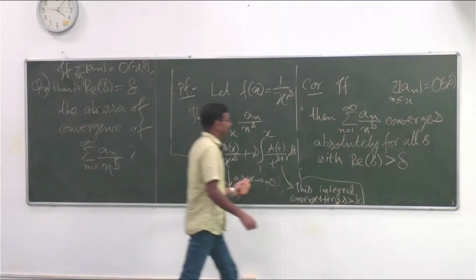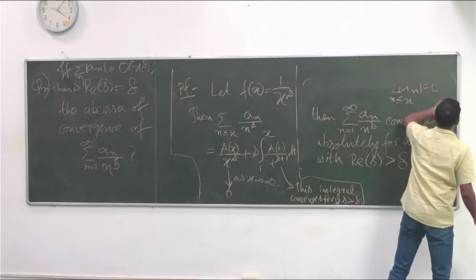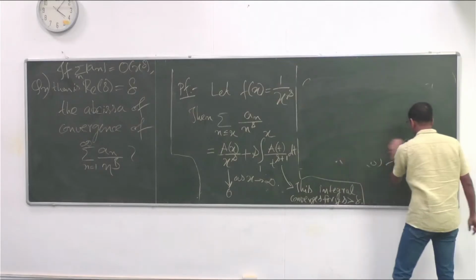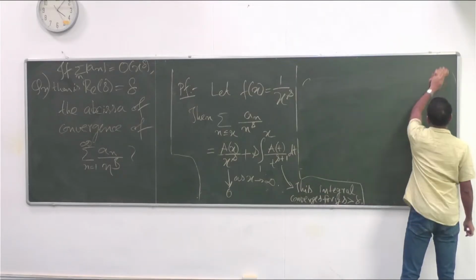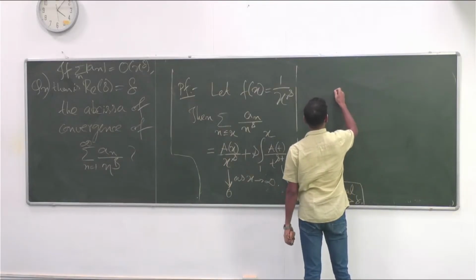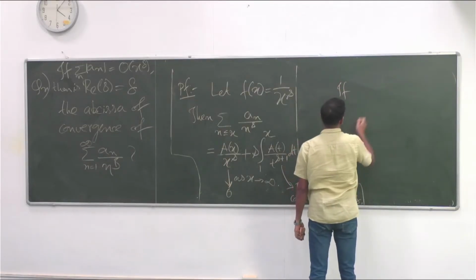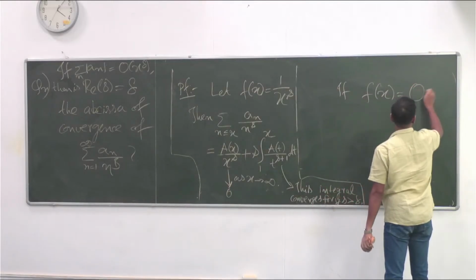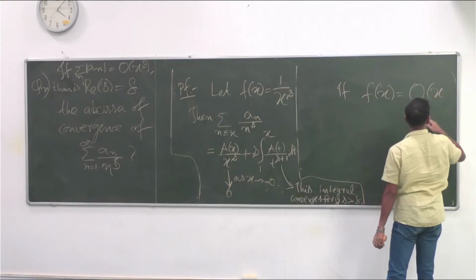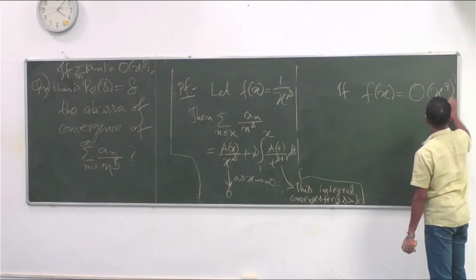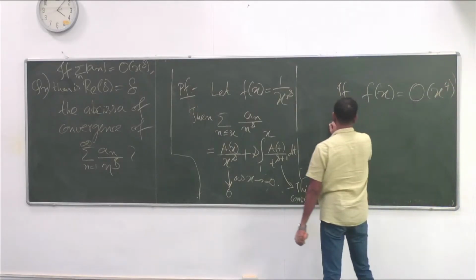Let's be clear about what I just meant here. It's a basic question, but we must get the basics clear. So if f(x), for example, is big O of x power 4, what does it mean?